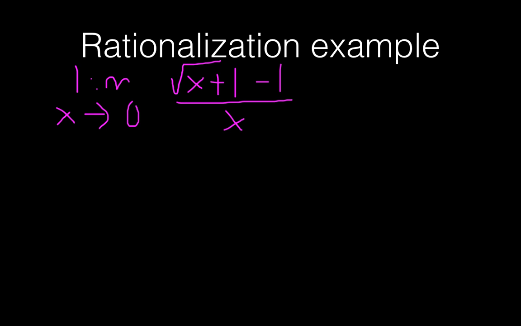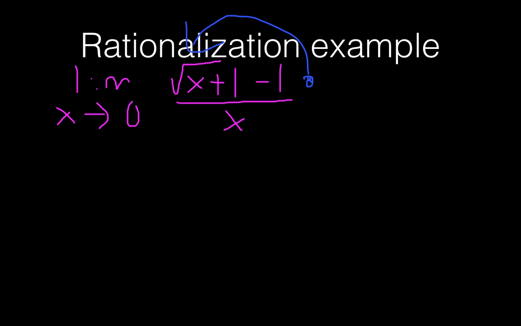So the example we'll use is the limit as x approaches 0 of the function square root of x plus 1 minus 1, all over x. What we'll do is multiply both the numerator and the denominator by the numerator here, or more specifically, the x plus 1 that's being square rooted.